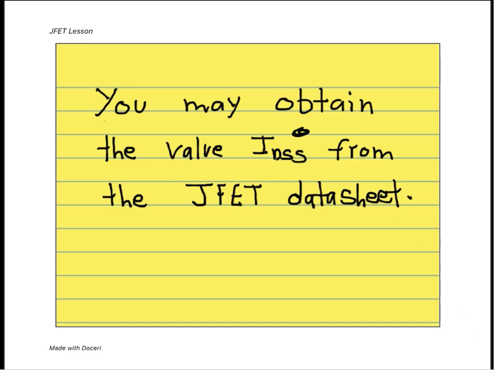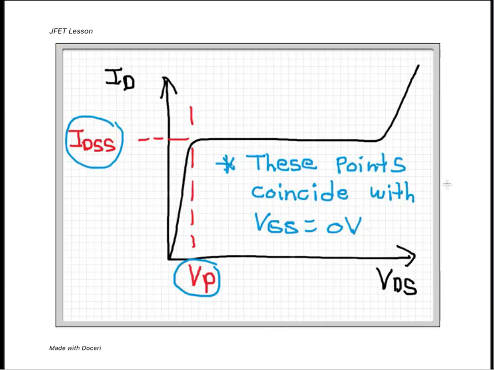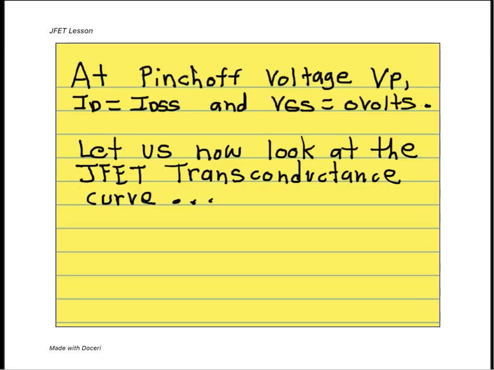And this comes from the data sheet, and we looked at that in the last video. So again, IDSS is the saturation, this is at a maximum, this is the pinch-off voltage here, and our gate to source voltage is equal to 0.